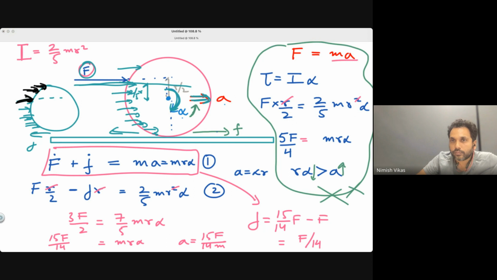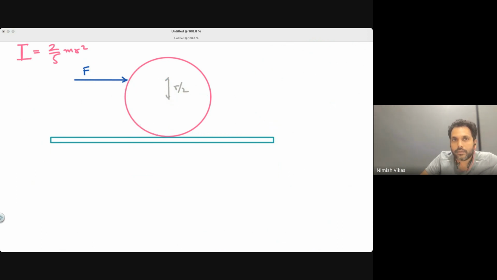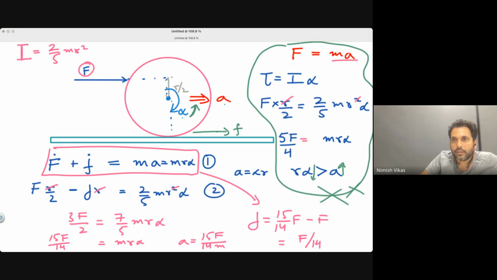So if I just want to extend it a little bit as a theory, if the I was kmr square, like half mr square for a cylinder, then this calculation would have been kmr alpha over here. I hope you can see.